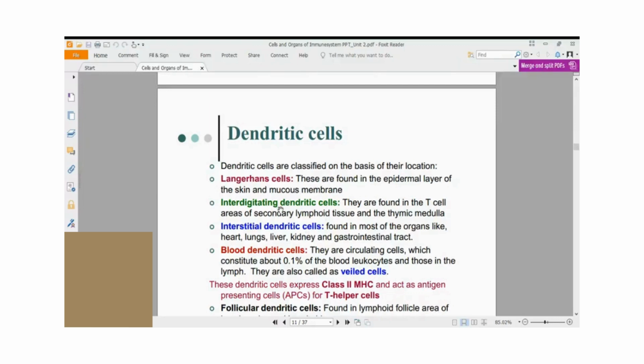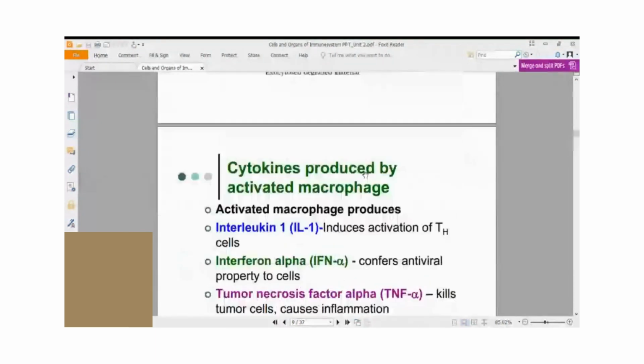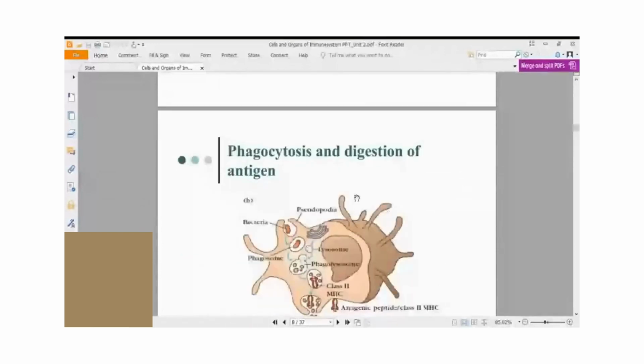Then come interdigitating dendritic cells. What is meant by interdigitating? Digit is nothing but your fingers. These dendritic cells will have finger-like projections on their surface, and those finger-like projections resemble the finger-like projections of the macrophage.